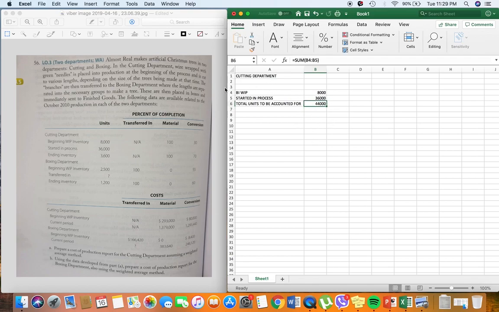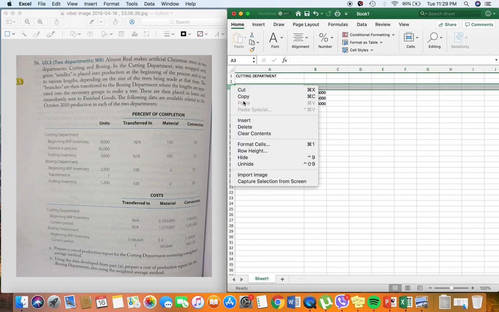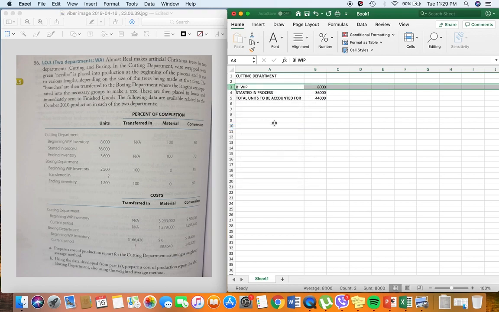So I have explained this to you before. We said, the total units to be accounted for has only two places to go. Either these units will be completed or these units will be unfinished, right? That will be our ending work in process inventory.